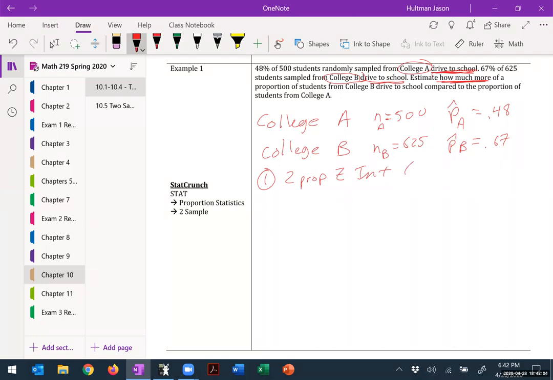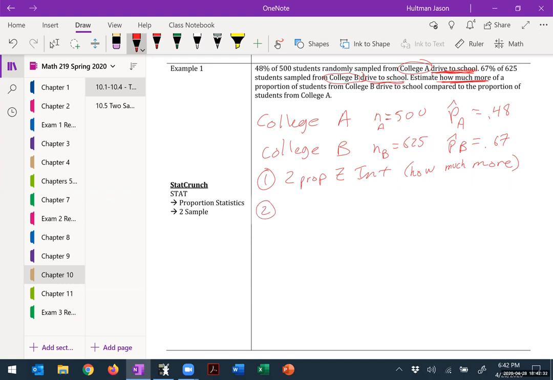Why? Because it's asking me for a value, something concrete, a concrete number to give me an idea of how much more B is compared to A.